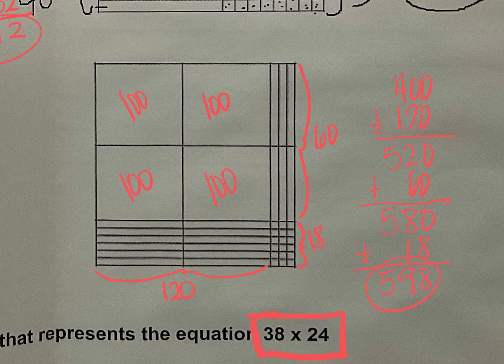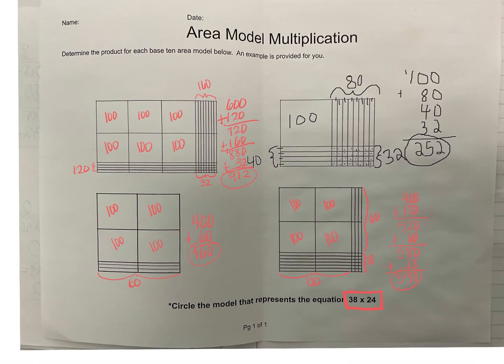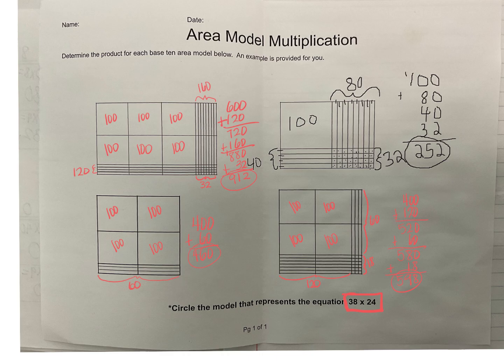So what should I do now? I've got all 4 of these that I have found the product of. But what do I need to do first before I can pick which one represents 38 times 24? Gavin? You can multiply the 38 times.